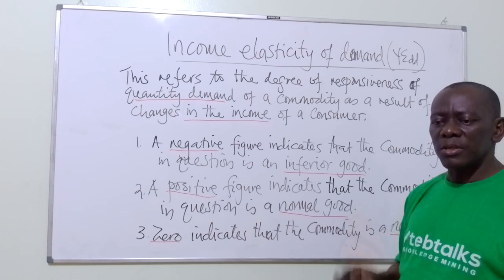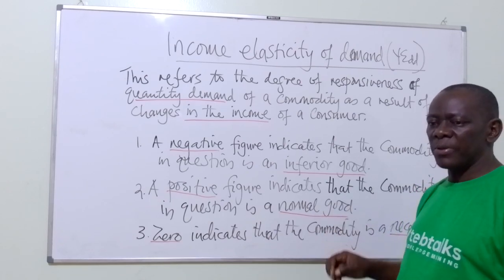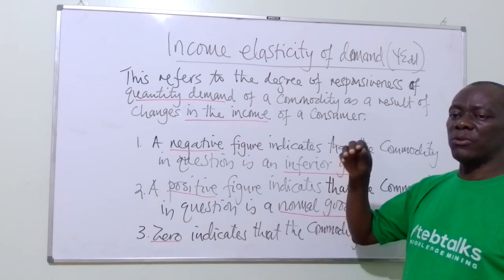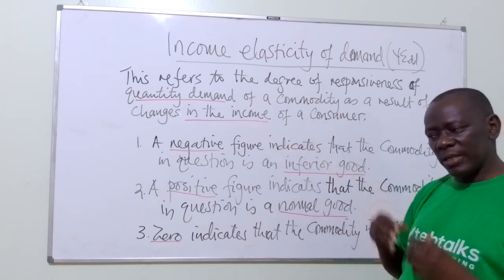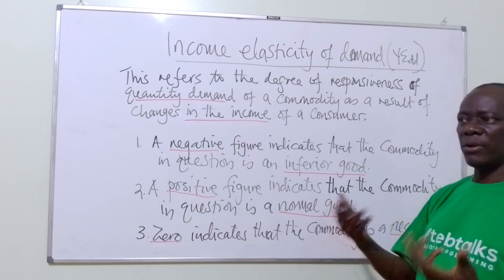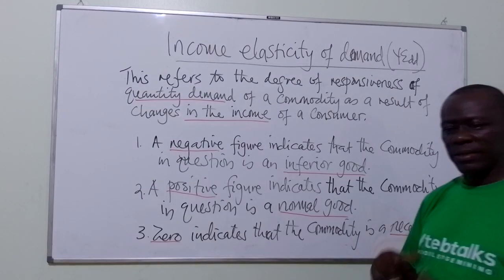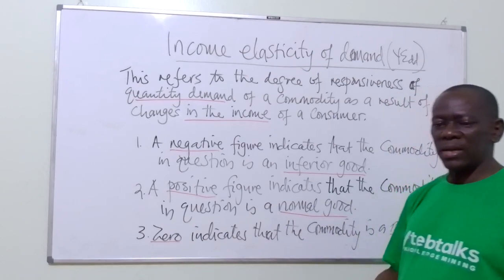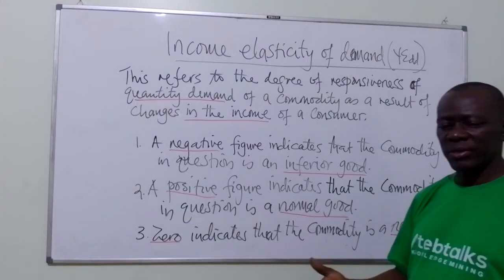And if we increase the incomes of the people, the demand for this good is going to be increased. If it increases, is it available? If it is not available, you are going to create scarcity. And scarcity will create inflation. And inflation will be disastrous to the society.